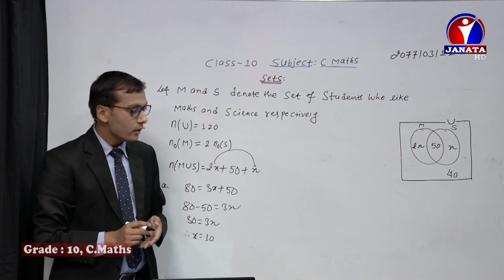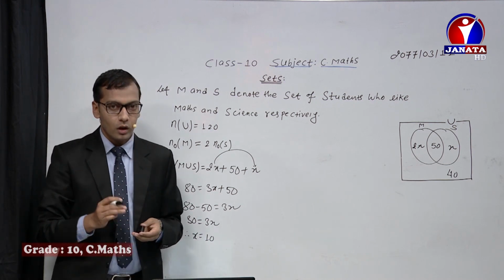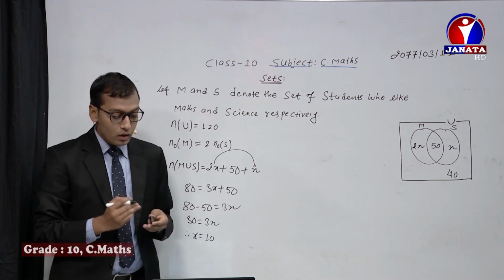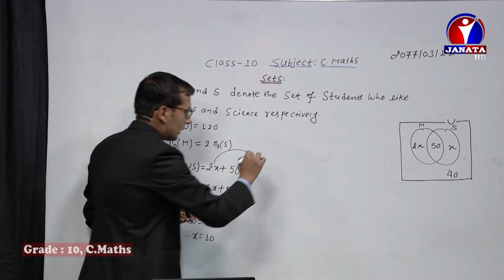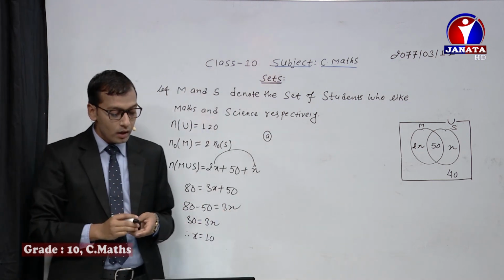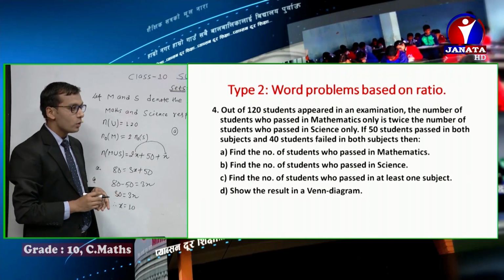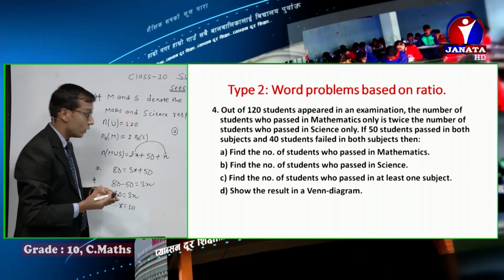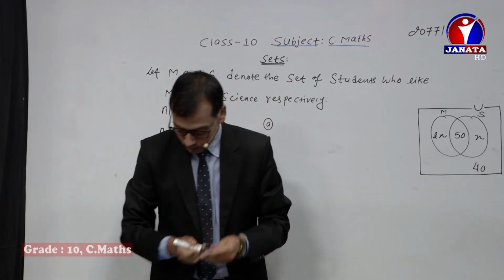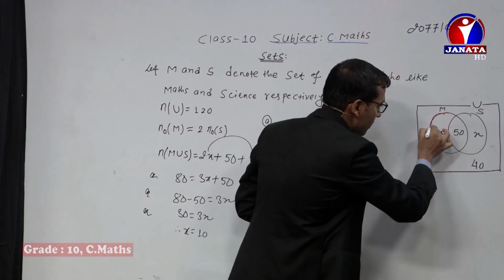Now after finding the value of x, we can solve the other questions asked in the question. The first is number A. Here we are asked to find the number of students who passed in mathematics. So let's look at the diagram and the subset of math.